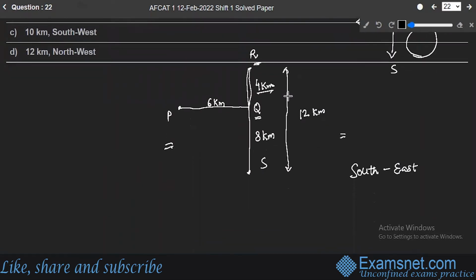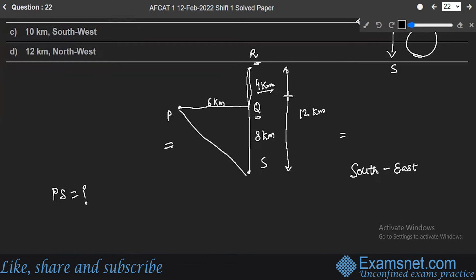That means you have to find out this PS distance. A straight line between 2 points is the shortest distance between 2 points. We'll be using our very good Pythagoras theorem. The mathematics is coming here for our rescue.